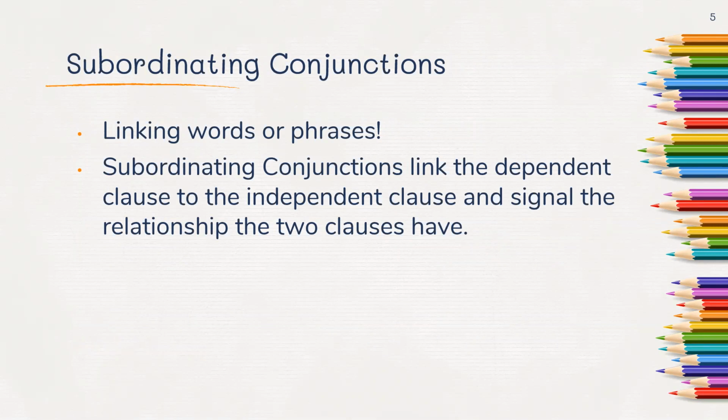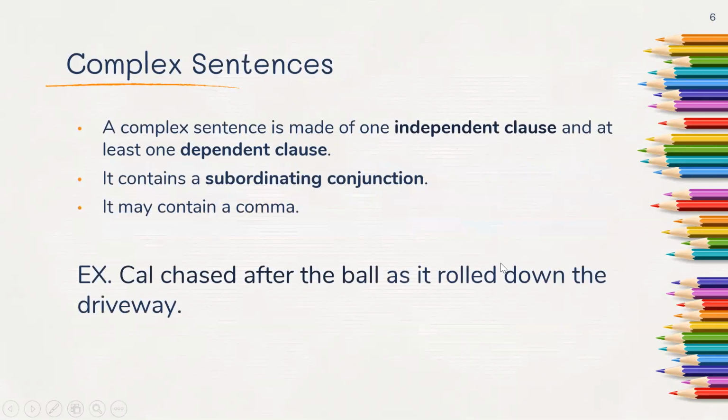So let's look at an example to really understand what this means. Cal chased after the ball as it rolled down the driveway. This is a complex sentence. Let's see why. To be a complex sentence, you need one independent clause. So what part of this is an independent clause? Meaning it has a subject and a verb, and it could be a sentence all by itself.